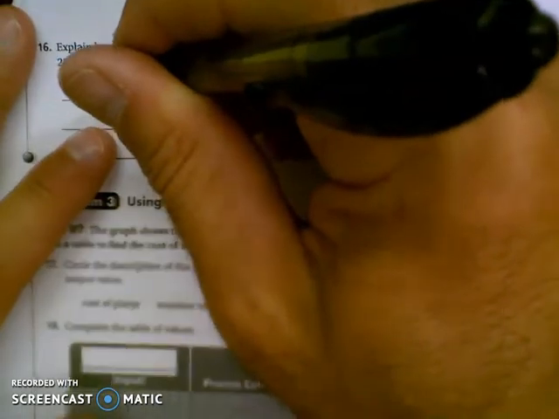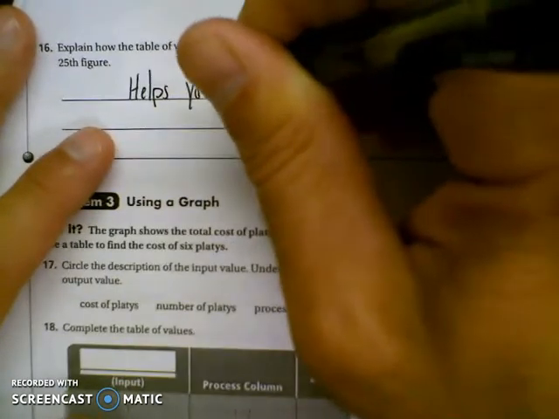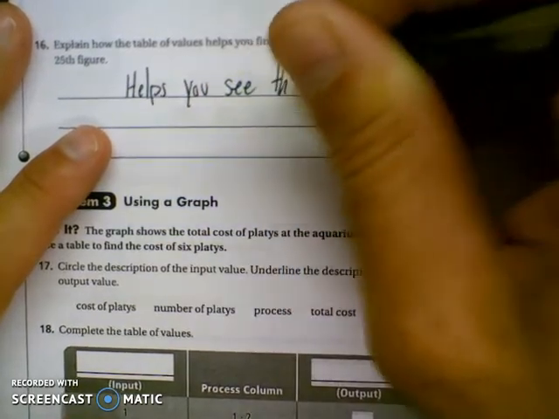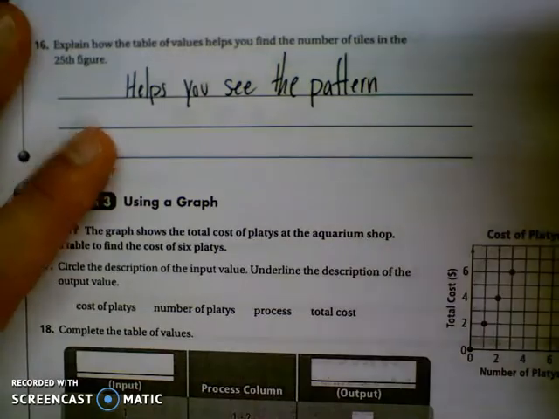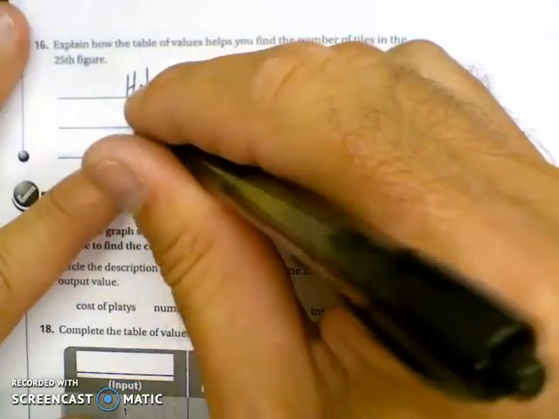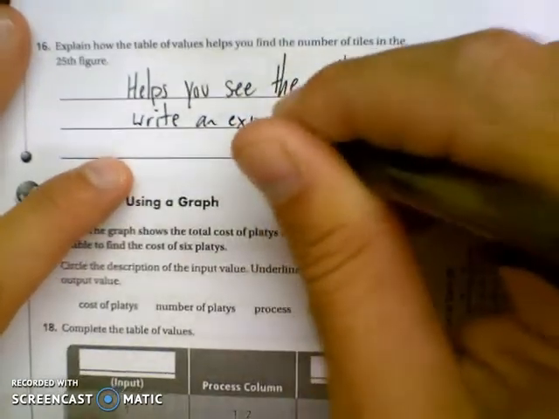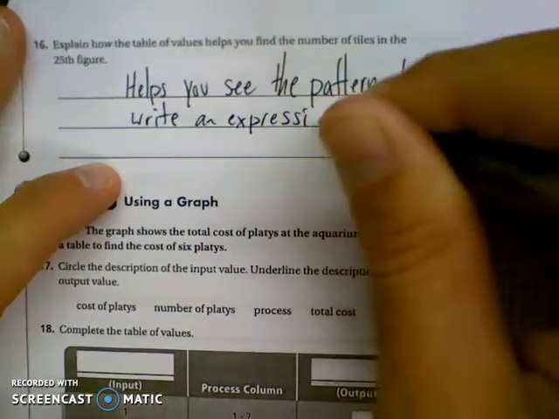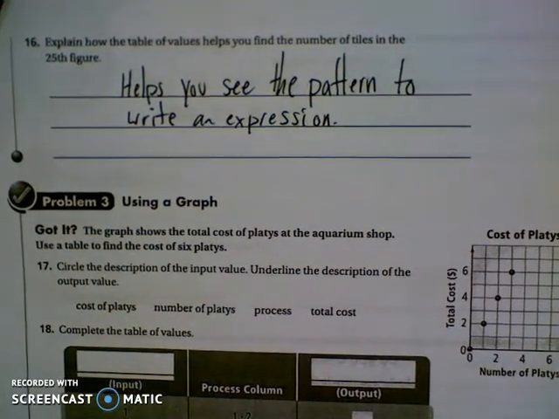So it helps you see the pattern to write an expression. For a lot of people, that's not true because expressions confuse you more than figures, because a lot of you guys are visual learners, and that's okay.